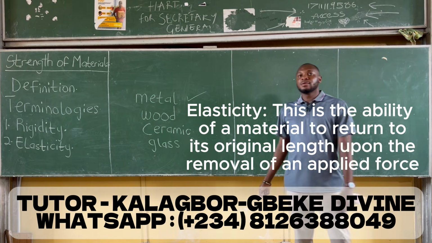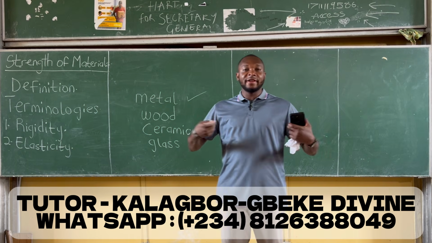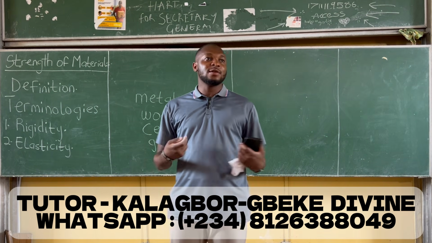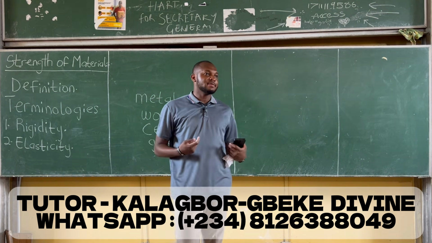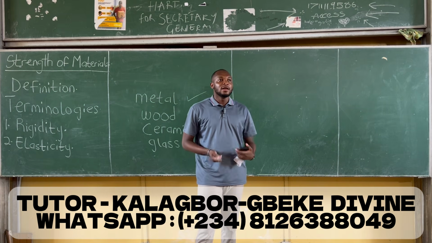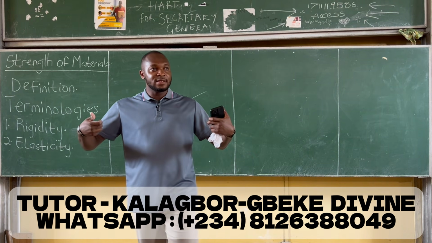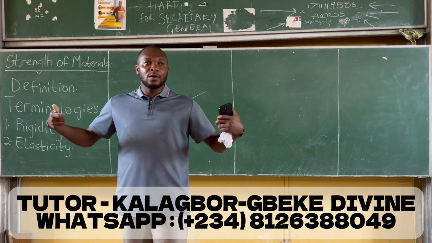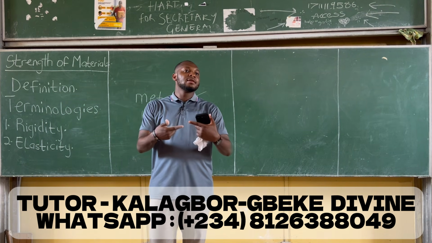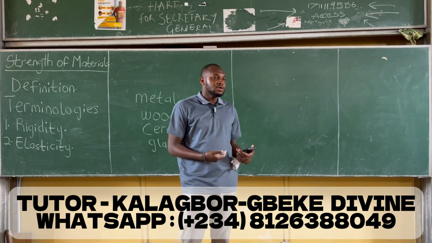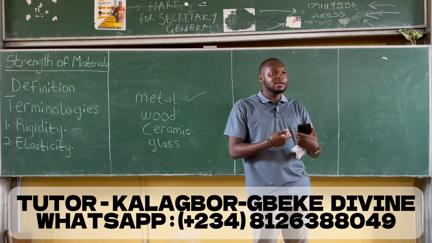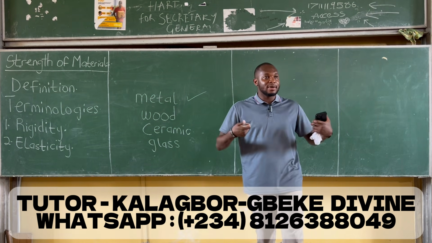For example, a rubber band or a rubber ring, whatever they call it in your local dialect. If you drag the rubber band, you see that it will expand until you release it, then it comes back to its size. So that's elasticity. That material can be called an elastic material.